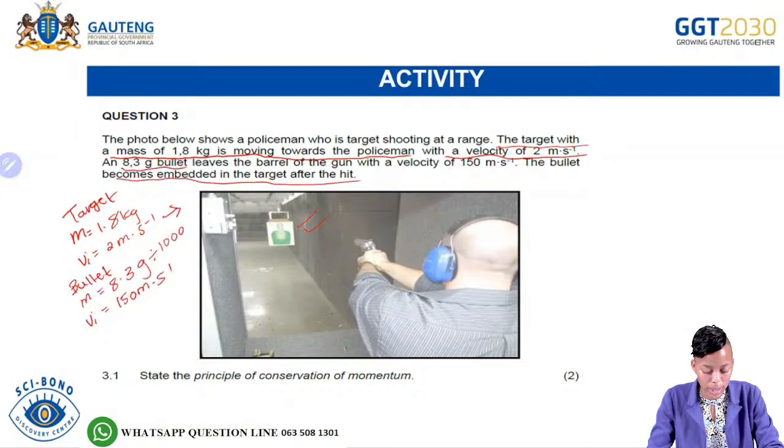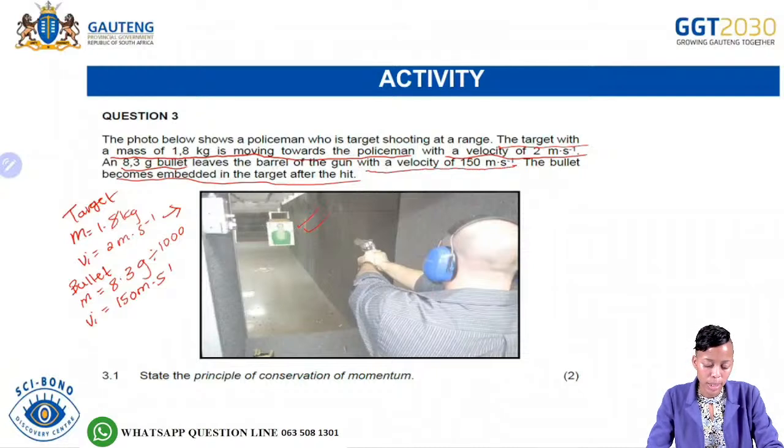And then we have the initial velocity of the bullet, which is 150 meters per second. The bullet leaves the barrel of the gun with a velocity of 150 meters per second.